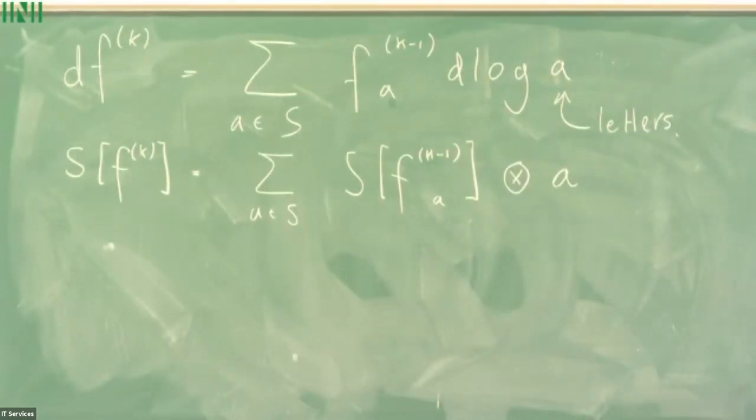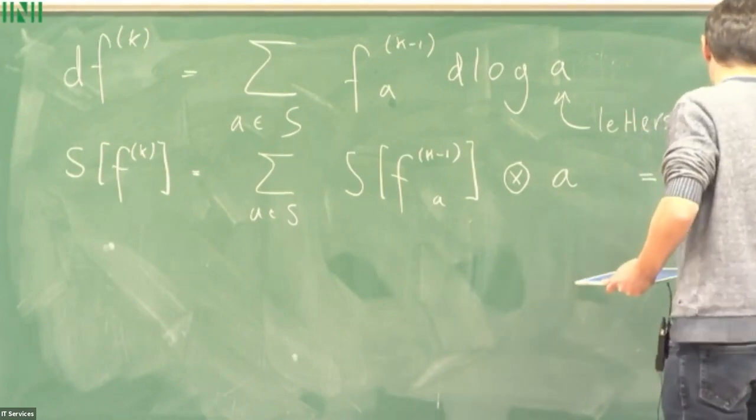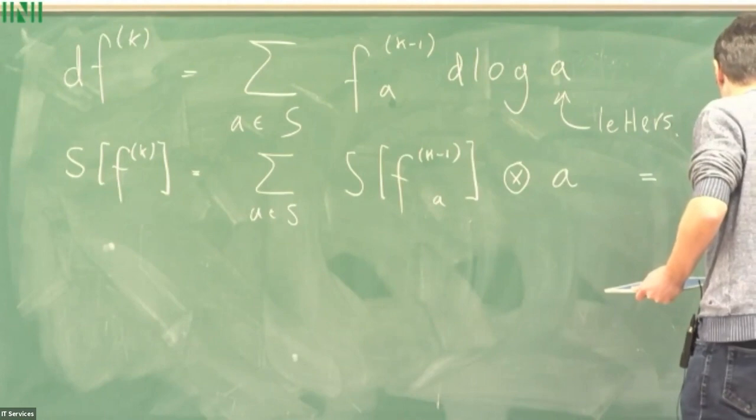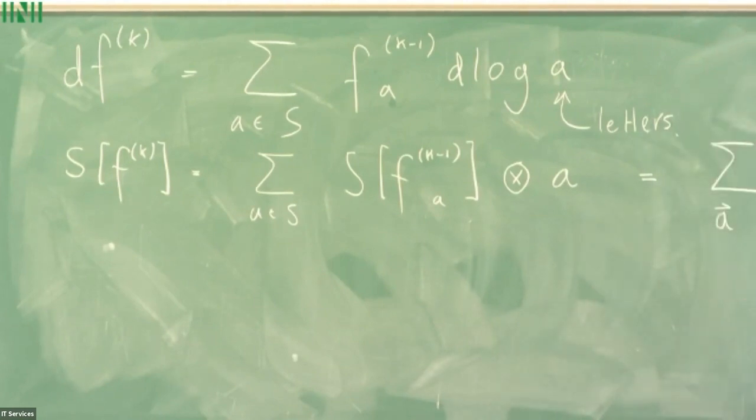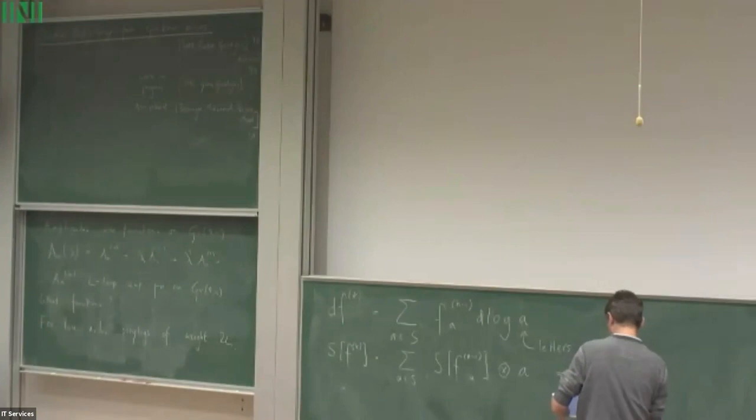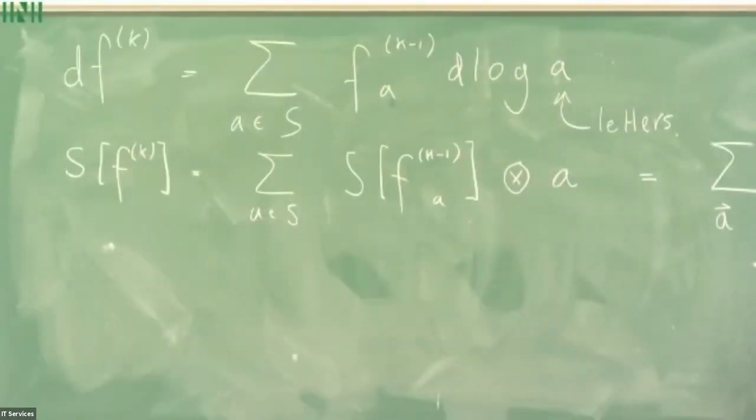Okay, and then I just keep applying that same definition recursively, and I will end up with a sum over a k-fold tensor product, so some vector in this space of A's of length k, with some coefficients, CA, and then the word A1 tensor A2 tensor, all the way up to AK.